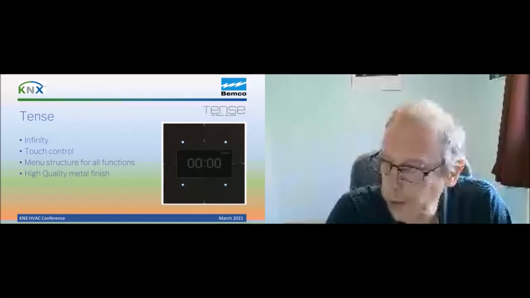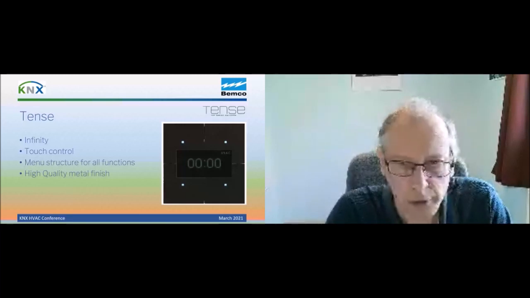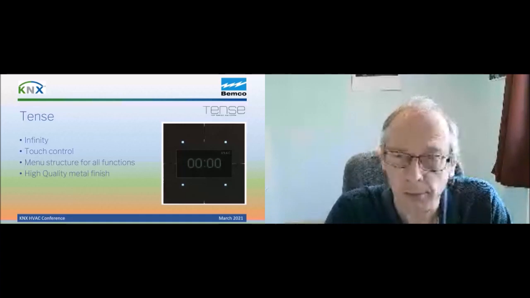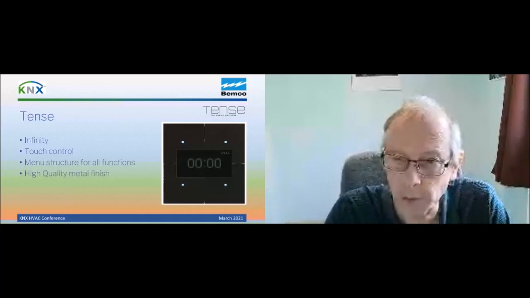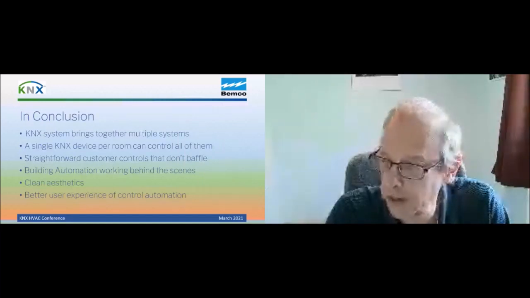So to bring it all into conclusion, the KNX Room Controller will bring together all the different systems that we want in an installation. It can control all of them from that single point in the room. It makes it straightforward for the customer to operate it.